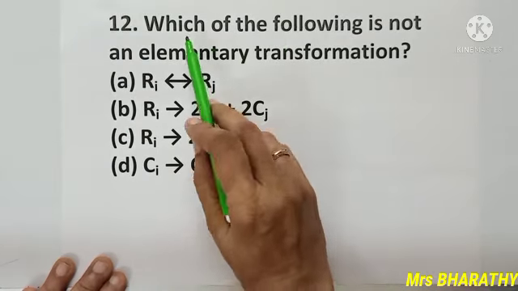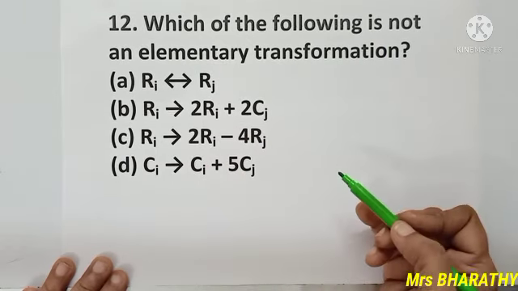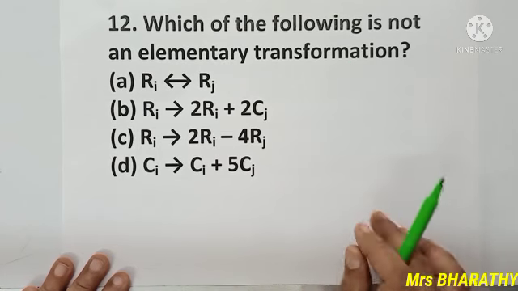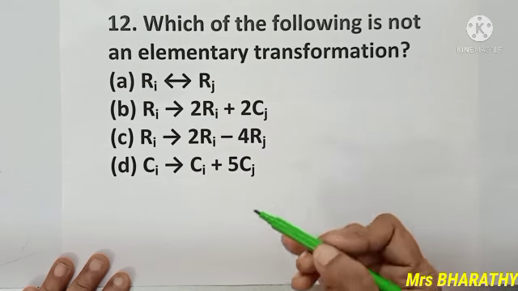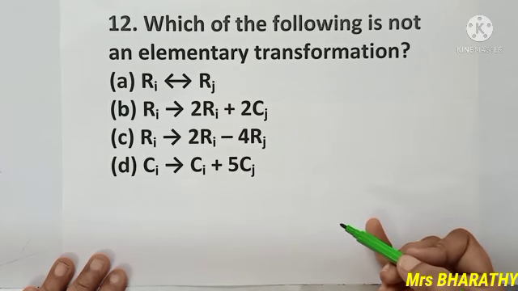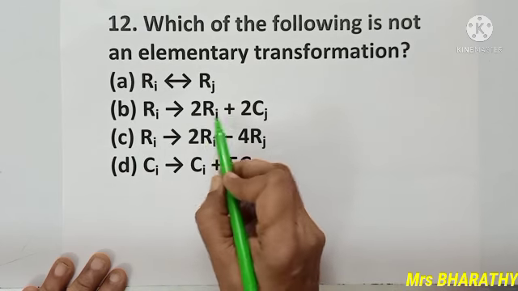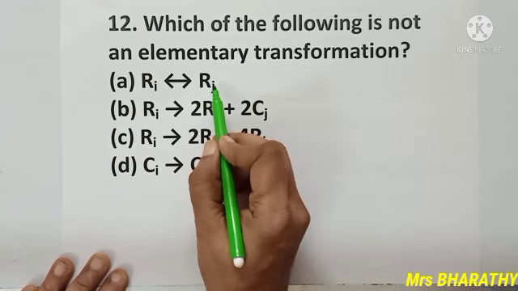Question number 12. Which of the following is not an elementary transformation? Elementary transformation, what are all permissible? Within rows I can do or within columns I can do. Here row and column are mixed. So this is not valid. You can interchange a row.